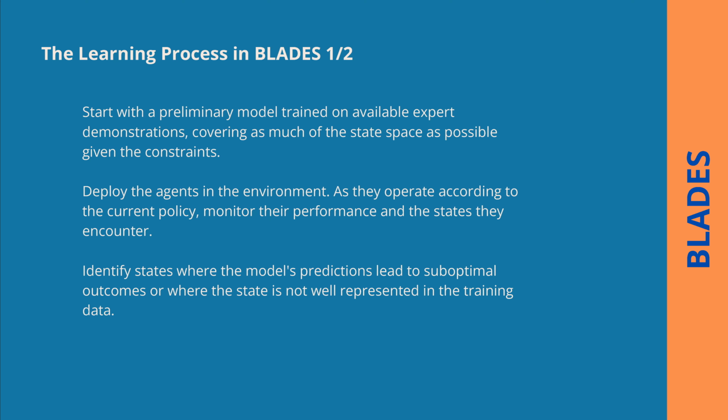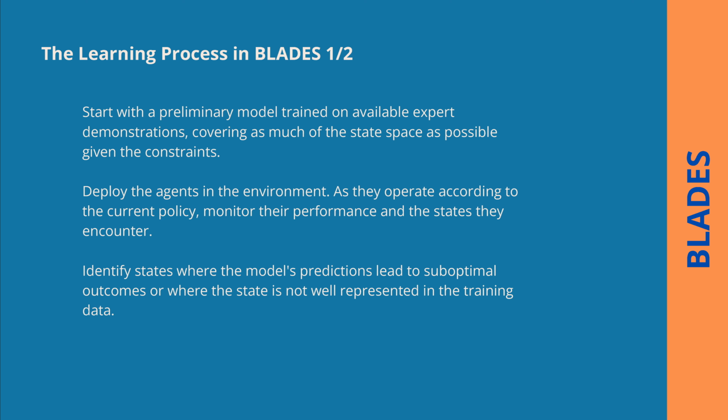And this was Blade. So let's summarize the learning process in Blade. Start with your preliminary model trained on available expert demonstrations, covering as much of the state space as possible, given the training constraints, that you do not have an infinite amount of training data or infinite hardware.